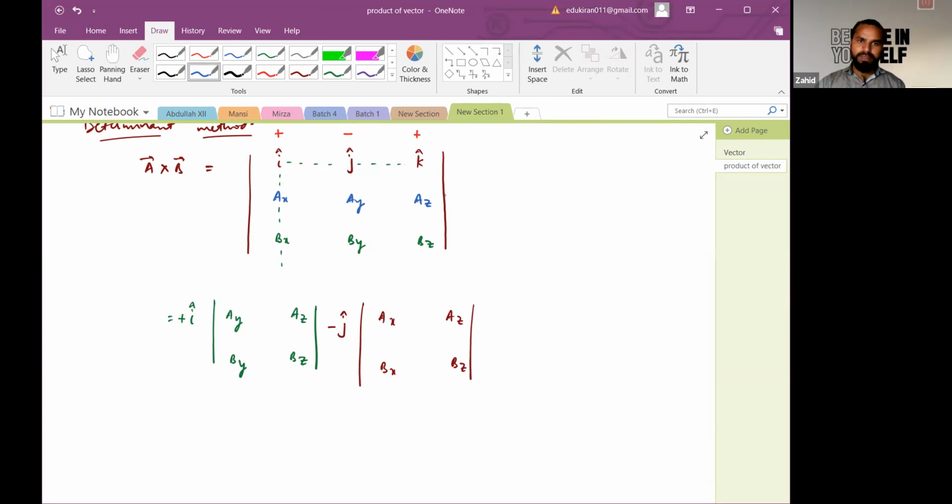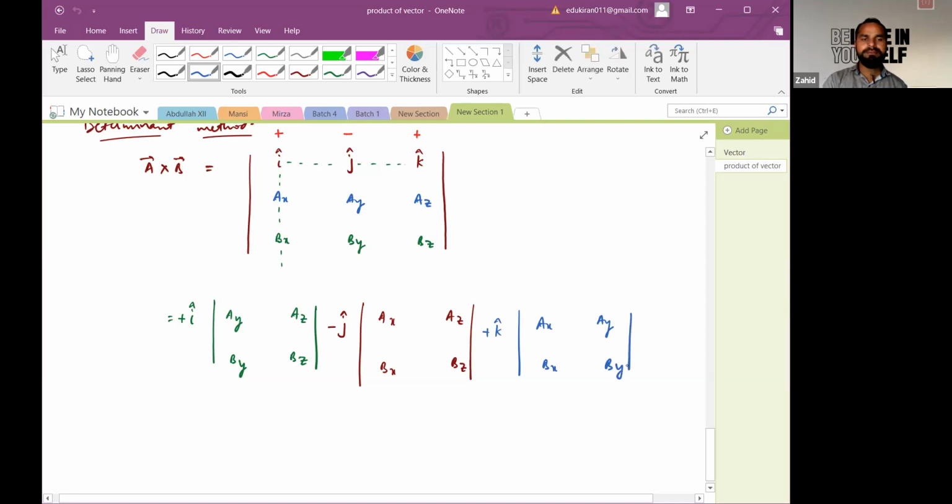Again, if you place your finger vertically on this term, you will be left with these four entries. So it will be k cap mod AX, AY, BX, and BY mod.